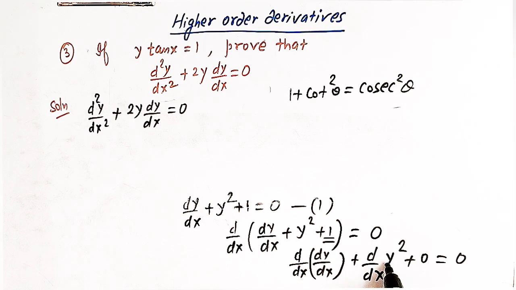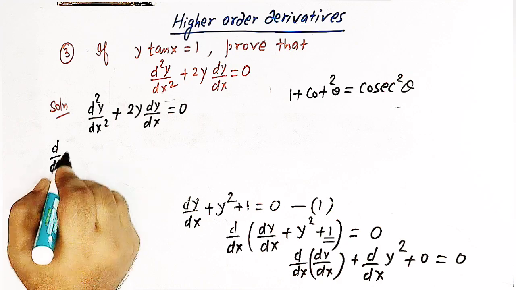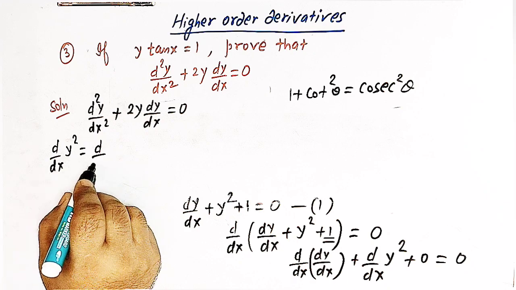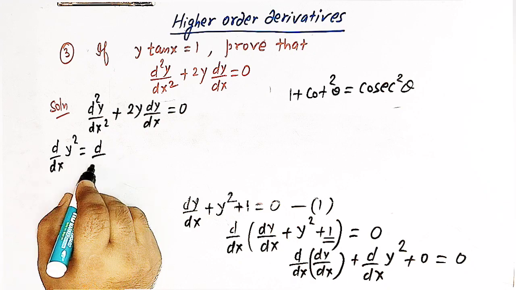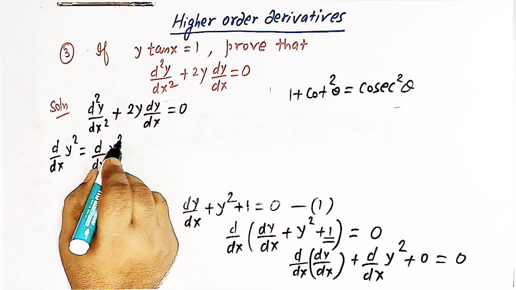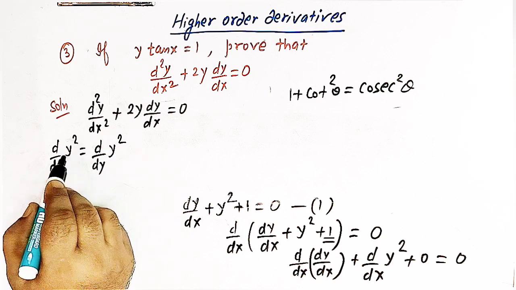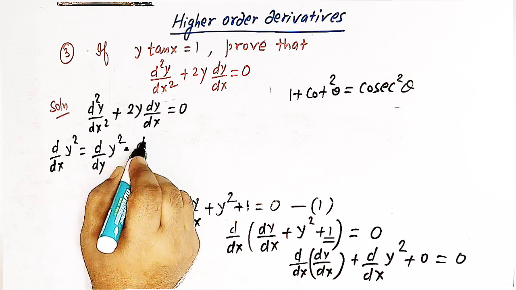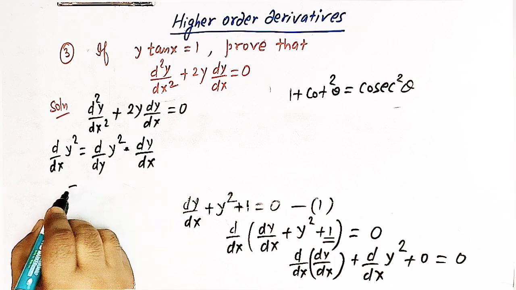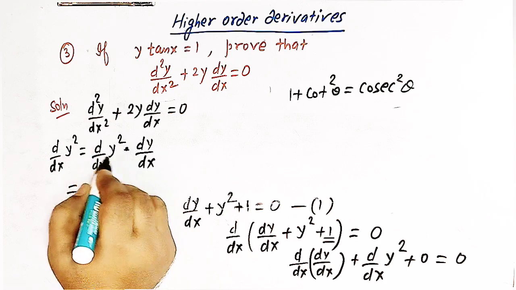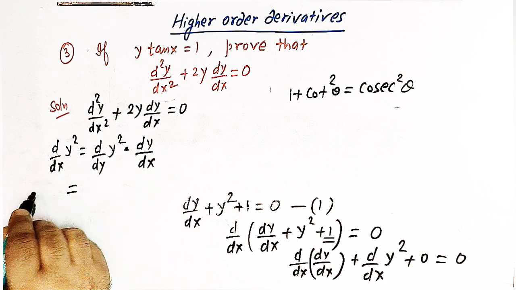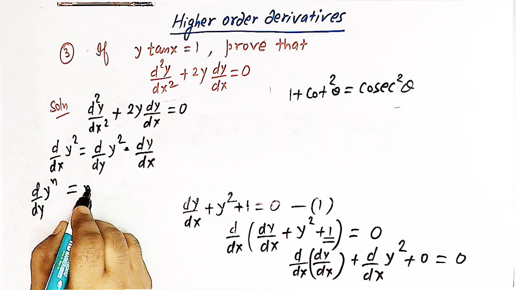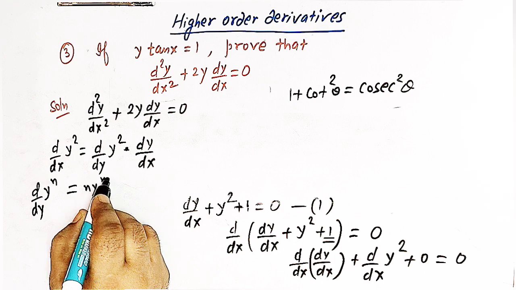Here the derivative of y square with respect to x is calculated as follows: first we differentiate y square with respect to y, and then by chain rule we have dy over dx. We use d by dy of y raised to n is n y raised to n minus 1.